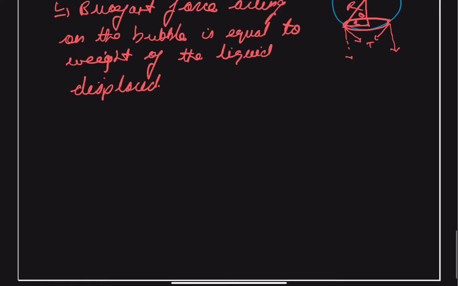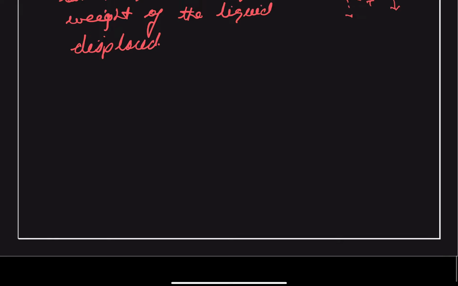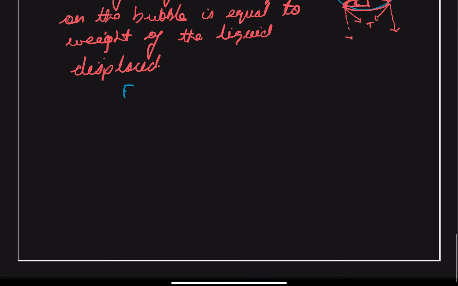So we can write the buoyant force, if represented as Fb, and this Fb will be equal to 4 by 3 pi R cube, density of the water, and G. So this is the buoyant force acting in the upward direction.